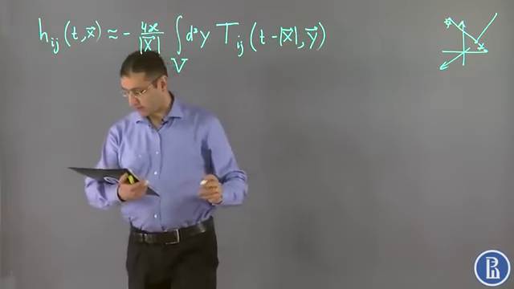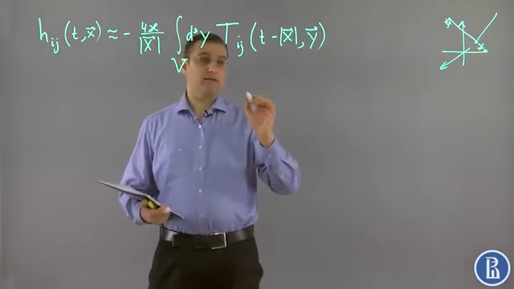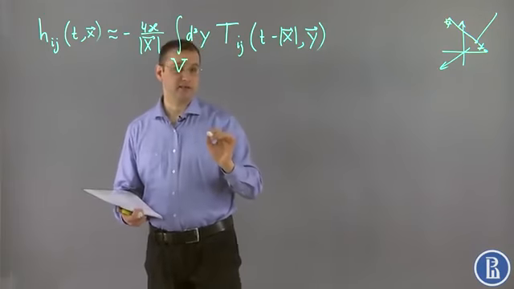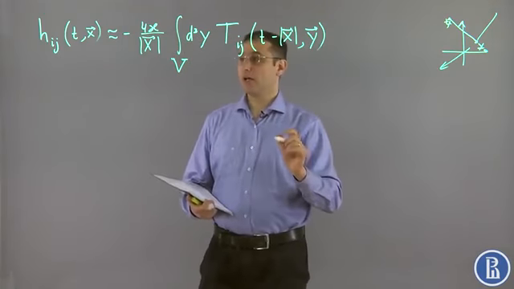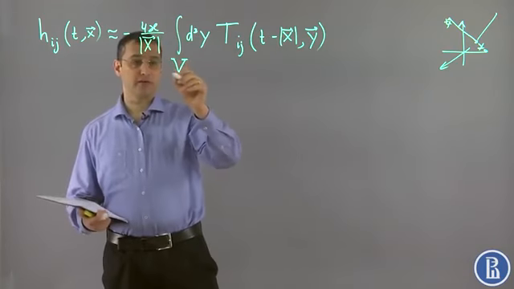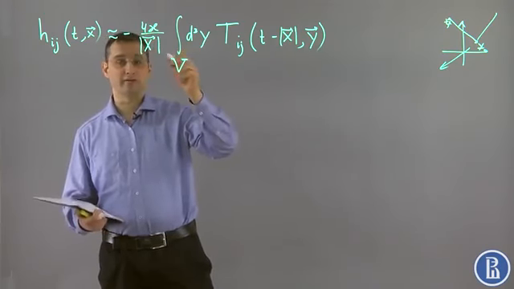Okay, anyway, this is the expression we obtained. Again, this expression is obtained in the non-relativistic approximation and very far away from the region where the energy momentum tensor is not 0, in the wave zone.